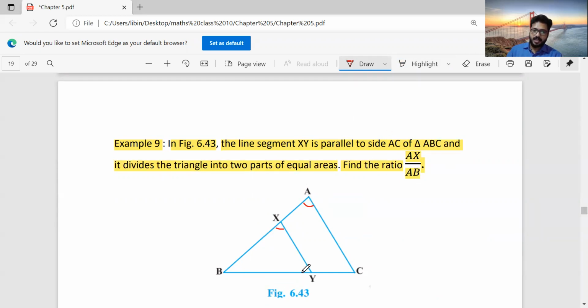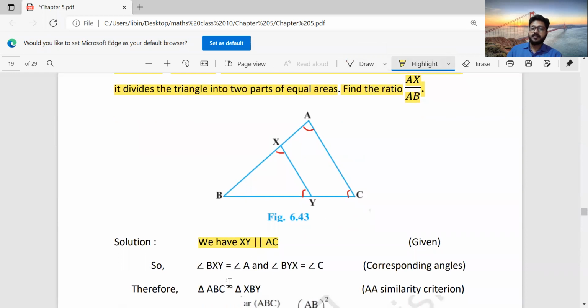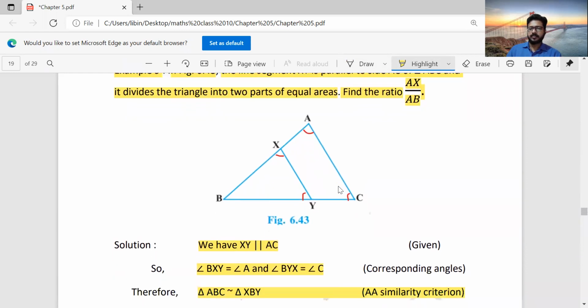And similarly, are these two angles equal? Yes, these two angles are also equal. So by using the AA criterion, we can say that triangle ABC is similar to triangle XBY. Okay, so by using the AA similarity criterion, clear?